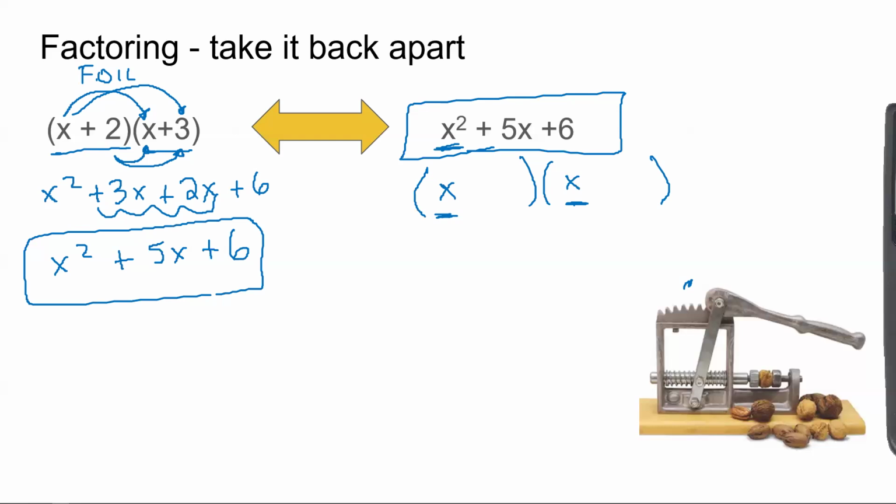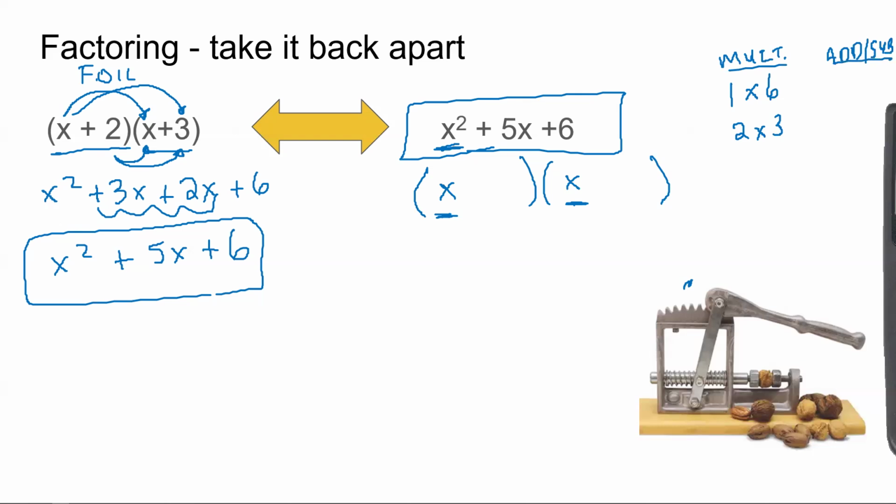I like to look at the last times the last next. I need some factors of 6. The only way I can multiply and get 6, with integers anyway, would be 1 times 6 and 2 times 3. And this 5 right there tells me that I'm really trying to find something that will multiply to 6 and either add or subtract to 5.